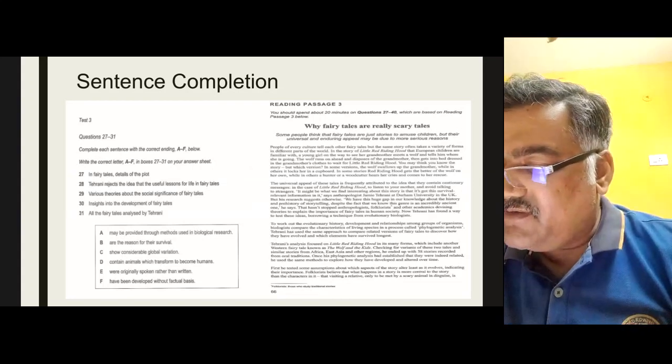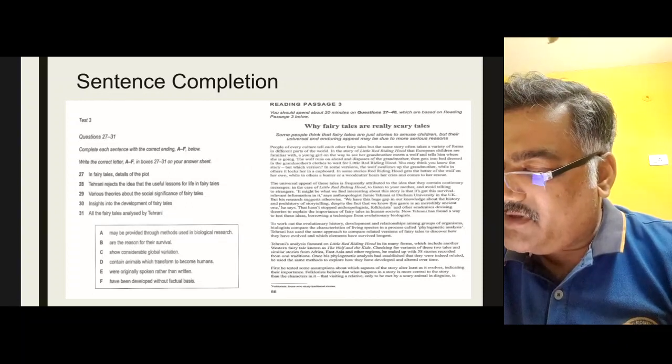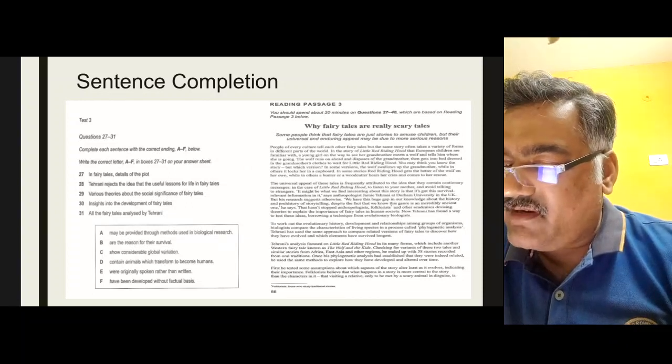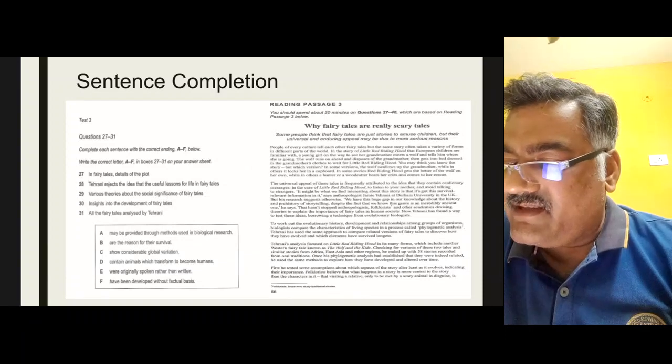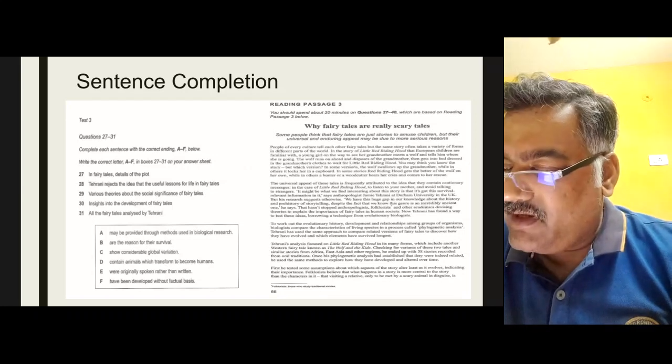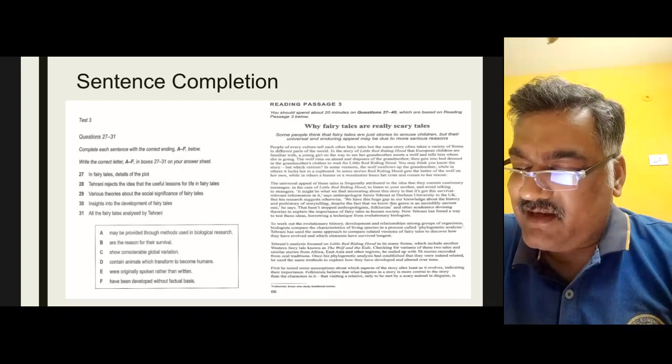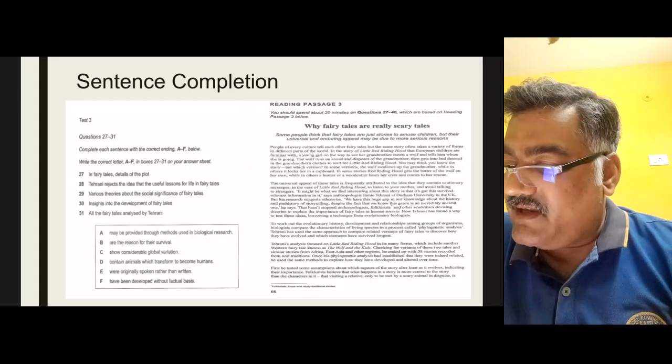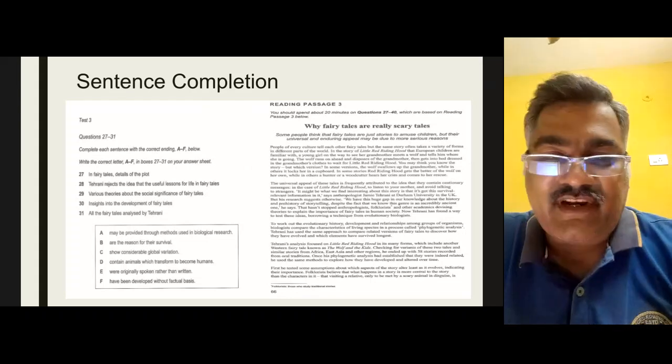But which version? In some versions, the wolf swallows up the grandmother, while in others, it locks her in a cupboard. In some stories, Red Riding Hood gets the better of the wolf on her own, while in others, a hunter or a woodcutter hears her cries and comes to the rescue.